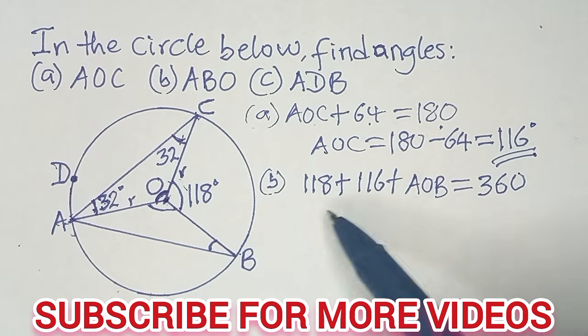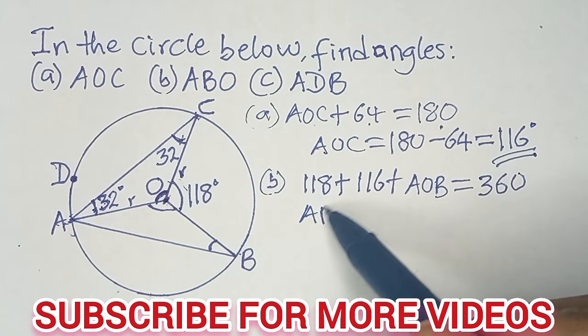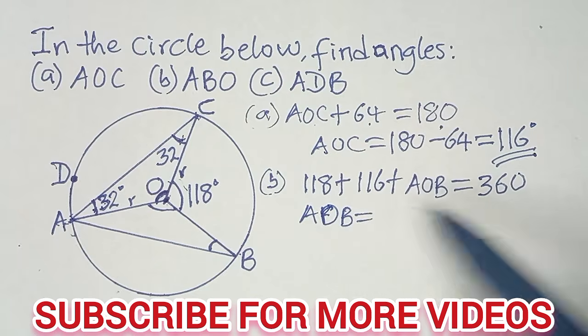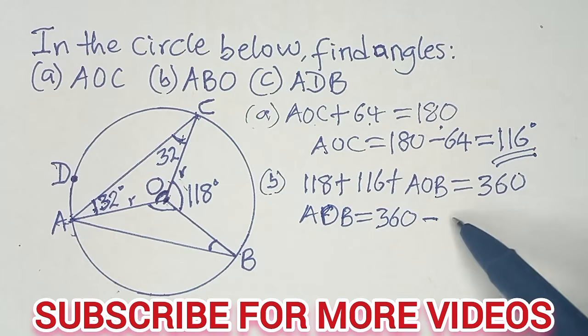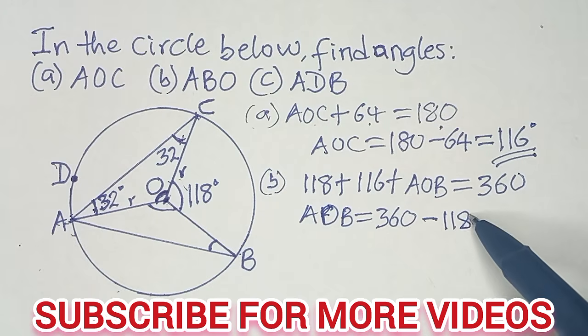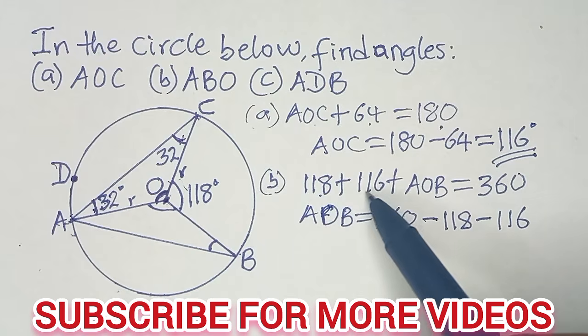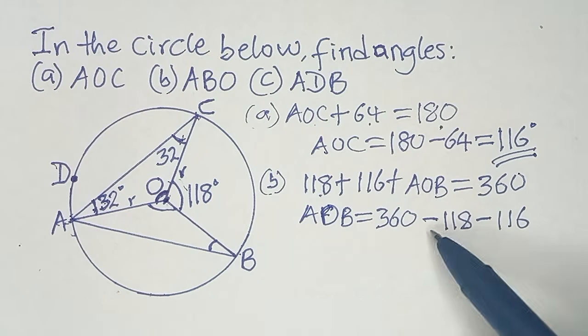So the next thing for us to do is to find angle AOB. AOB will be equal to 360 minus 118 minus 116. When these two positive values cross to the right-hand side, they become negative values.